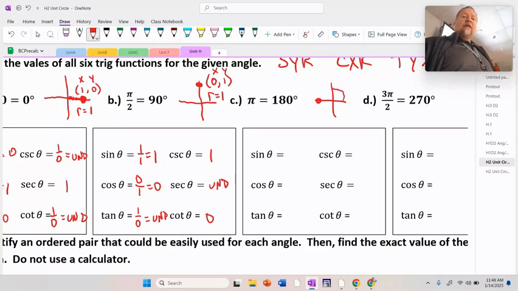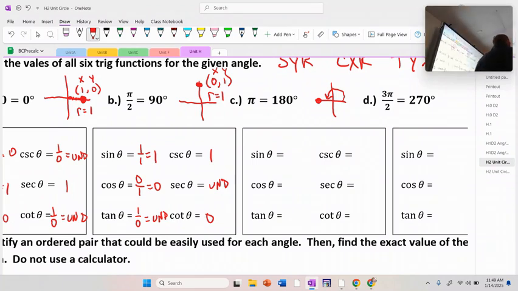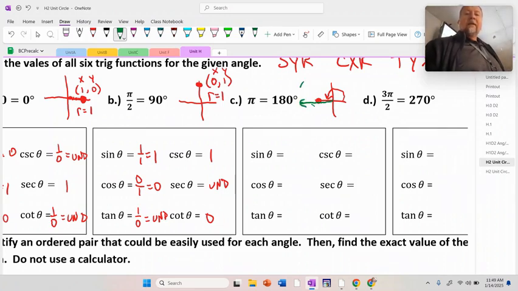So the terminology is here's 180 degrees, which is the same thing as pi. You need a terminal side that goes through a coordinate. This is the terminal side where 180 degrees terminates. So I need a coordinate, any one.